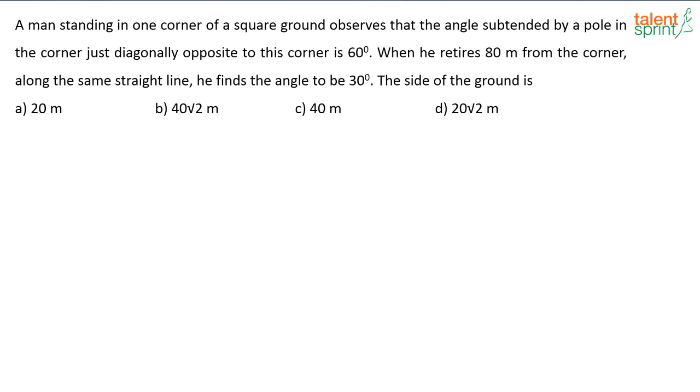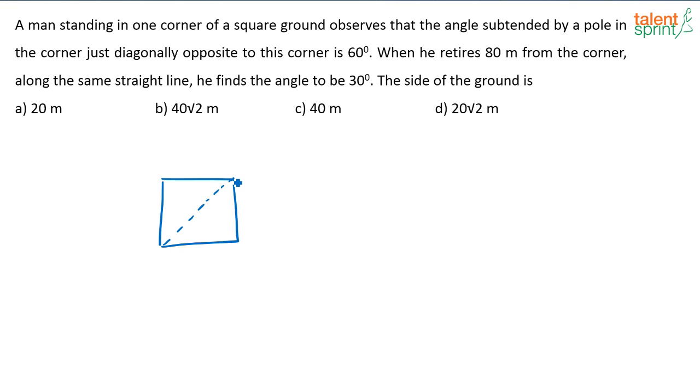So let us first try to represent this given information in terms of a diagram. What is given here? A man is standing in one corner of a square ground. So you have a square ground and the man is standing in one corner. Let us say he is standing in this corner. And he observes that the angle subtended by a pole in the corner just diagonally opposite.